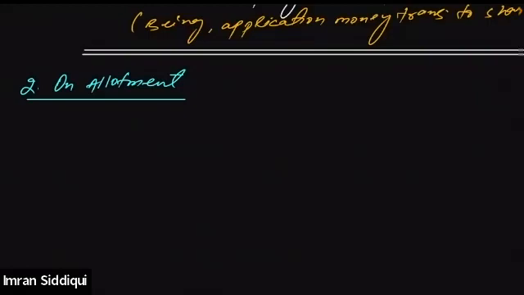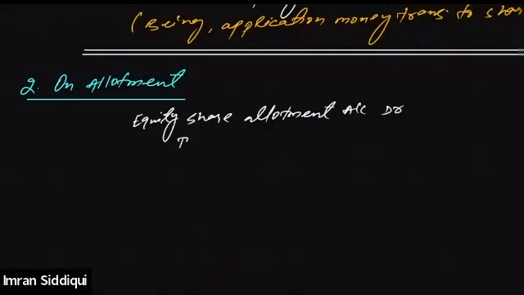All right. So the first entry for this will be for allotment. It will be equity share allotment account debit to share capital account.